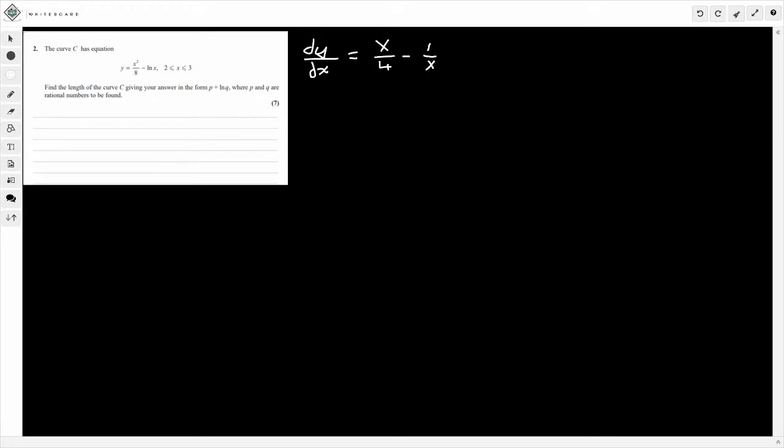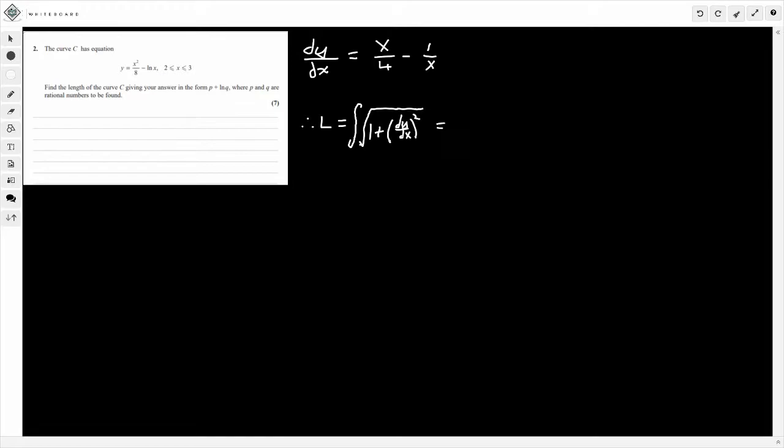Now, this is where we're going to use the formula. So the length, L, is equal to this formula. It's the integral of the square root of 1 plus dy by dx all squared, and we take the square root of the full expression.